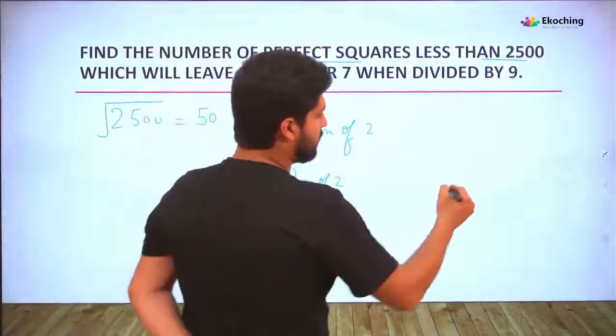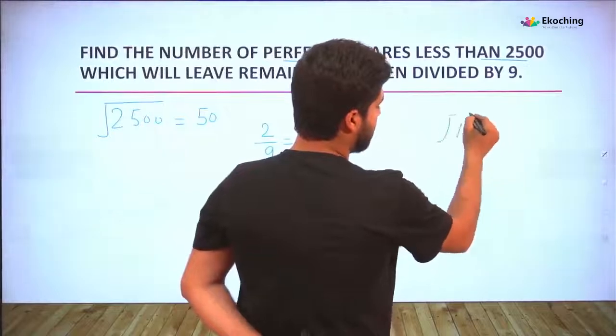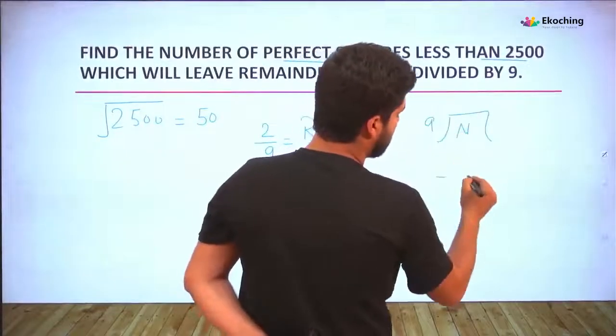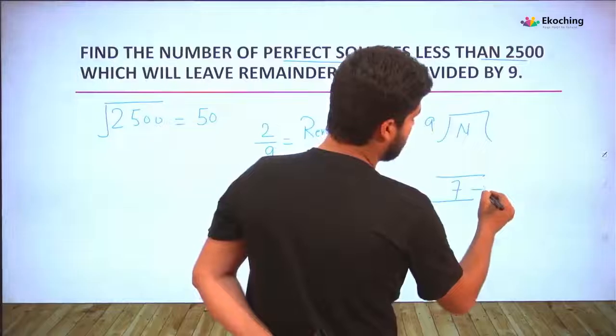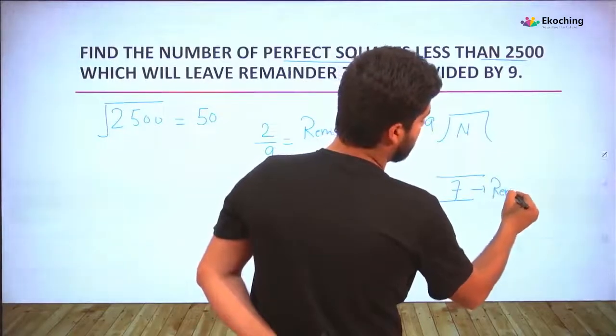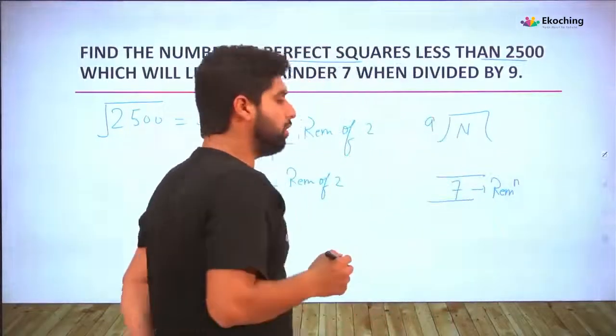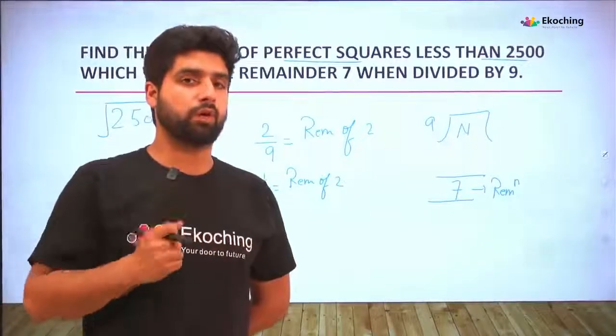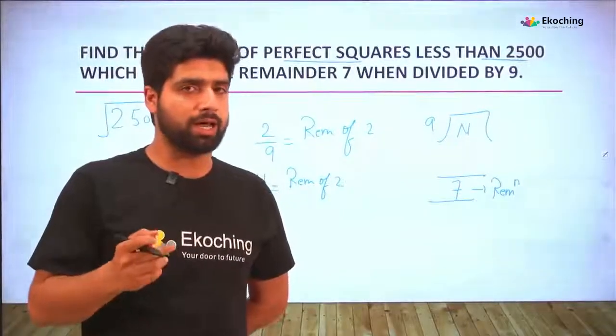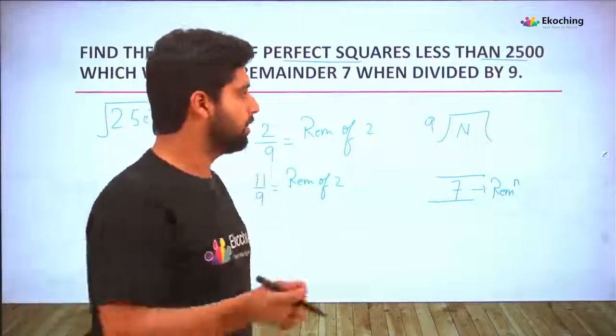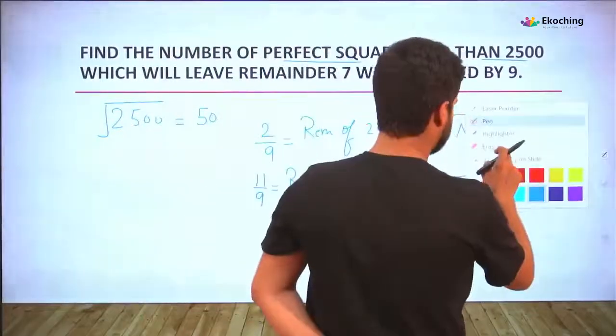So it could be any number, but when you divide by 9, the remainder must be 7. This is the demand of this question. So we'll try till the square of 8, because after 9, your cycle will definitely repeat.